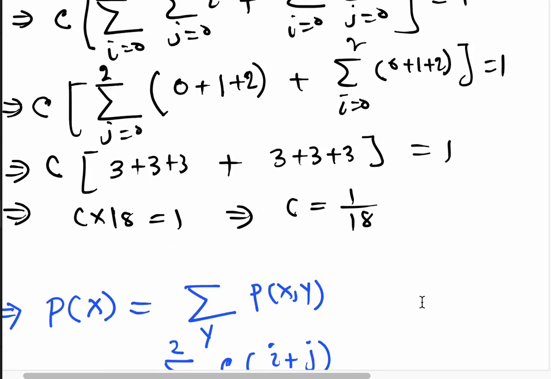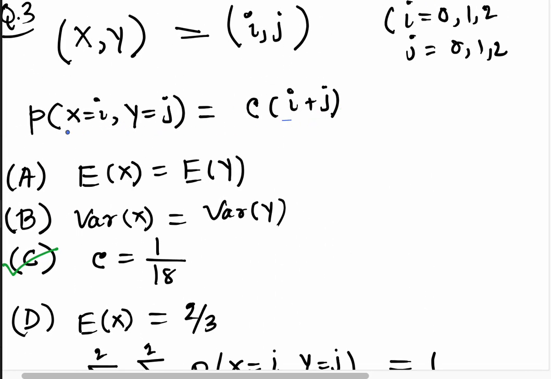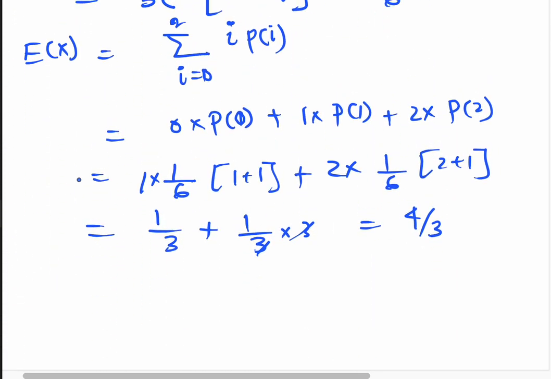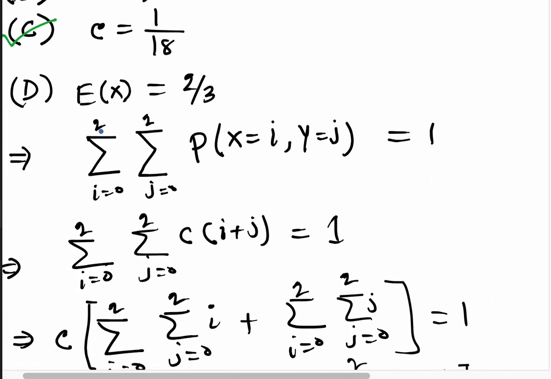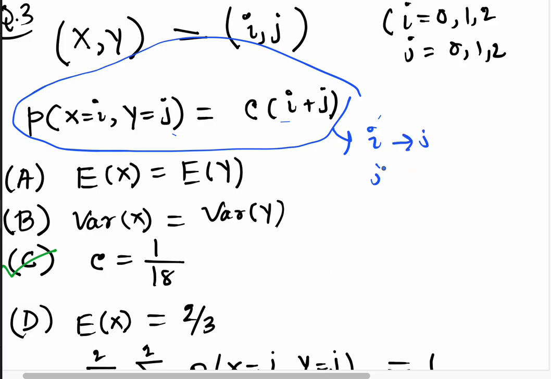Now from the form of the probability distribution function, that is c(i plus j), you can see that this is symmetric. If I replace y and x, the probability distribution will not change. So from there you can easily tell that the expectation of x and expectation of y will be the same. Since this probability distribution function is symmetric, if I change i by j and j by i, the function remains the same.